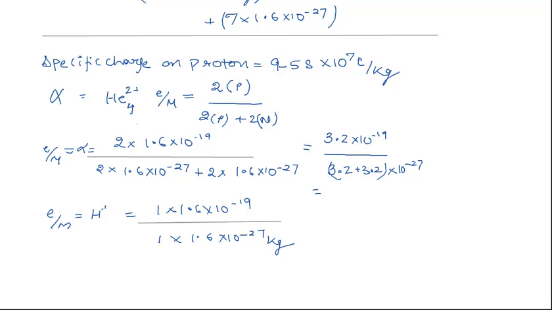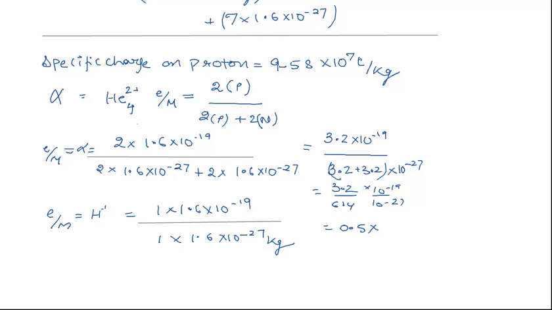So what will come out? 3.2 divided by 6.4, and 10 to the power minus 19 by 10 to the power minus 27, right? So 3.2 divided by 6.4 would be equal to 0.5.